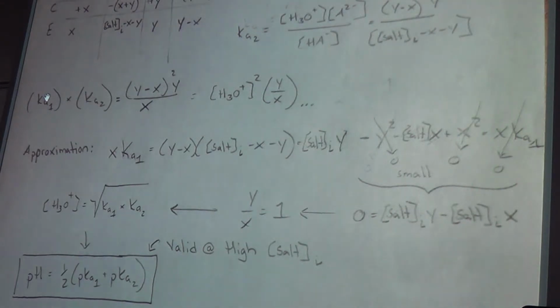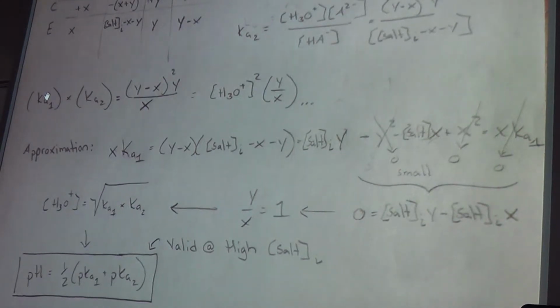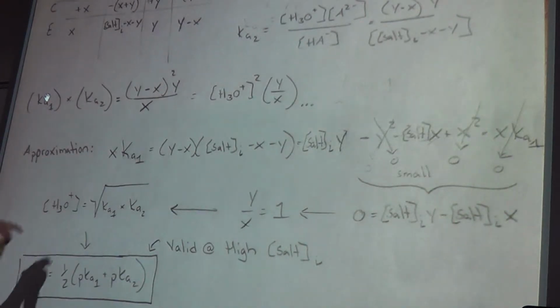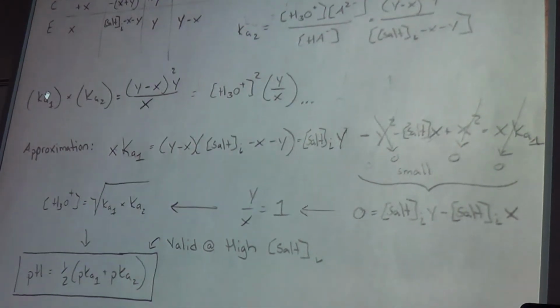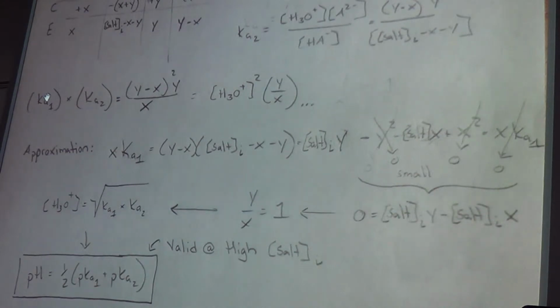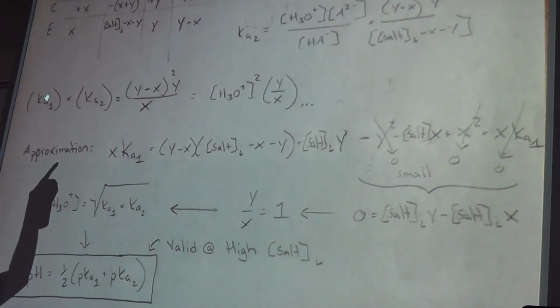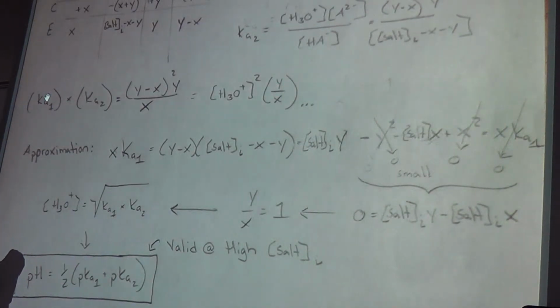What we're going to do now is write out Ka1 as a function of Y and X and the conc salt initial, and we get this expression, X times Ka1. So we're taking this top expression and moving the X over and multiplying it by Ka1.